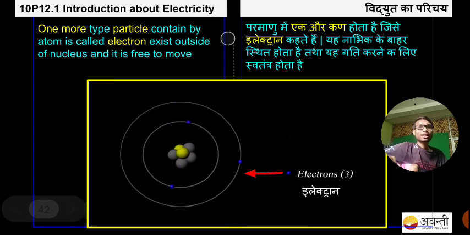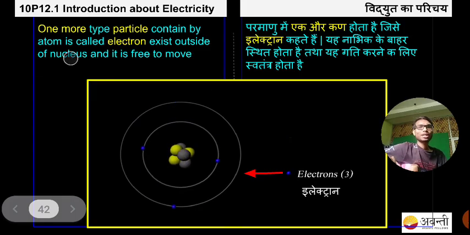One more type of particle contained by an atom is called the electron. It exists outside the nucleus, and it is free to move. We can visualize it: these are electrons which are moving, and proton and neutron are not moving at all because both are present in the nucleus.